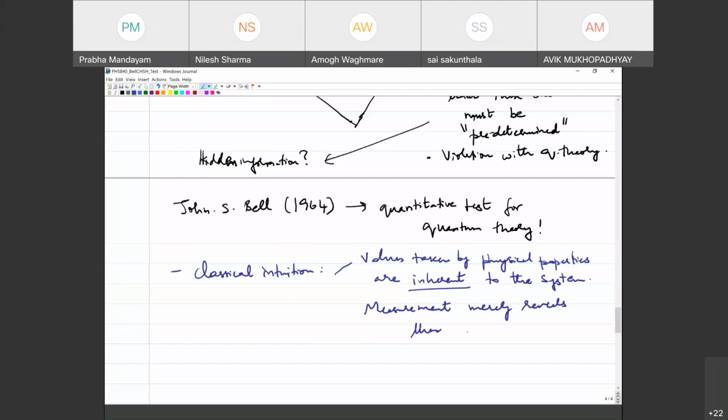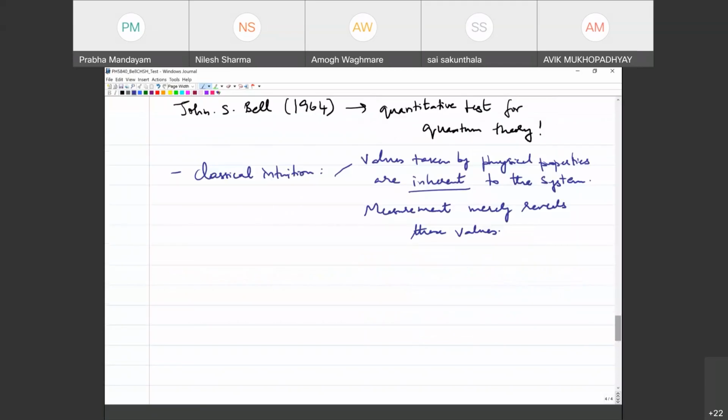This kind of idea is often called objective reality, right? So the idea is that the act of measurement is not doing anything special. It is simply revealing to you what is already inherent in the system, right? This is also sometimes simply called realism, right?